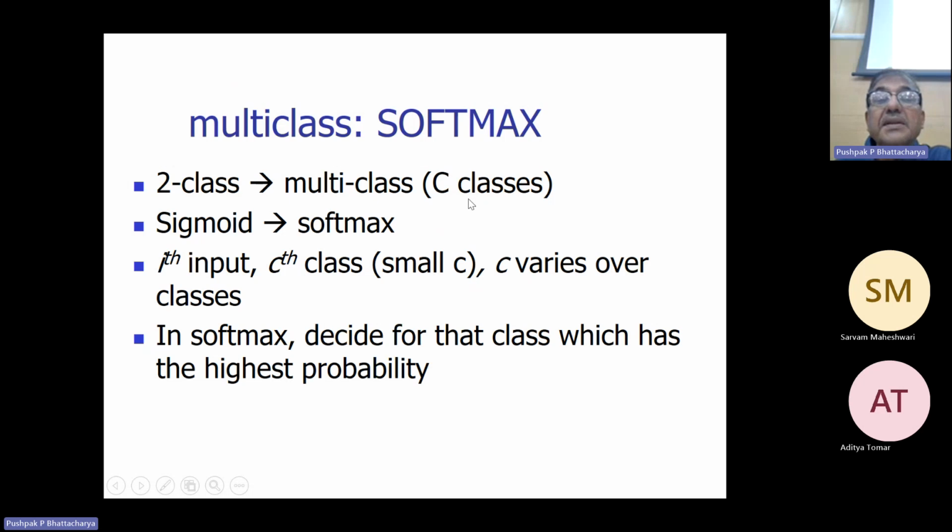So going from 2 class to multi-class, let's say there are C classes, then we have to adopt another function called softmax, which is a generalization of the sigmoid neuron. For the ith input, the cth class, which is small c, varies over all the classes. In softmax, decide for that class which has the highest probability. This is called the winner-take-all strategy. The neuron which has the maximum output becomes the winner. The decision is in favor of that particular class corresponding to that neuron.